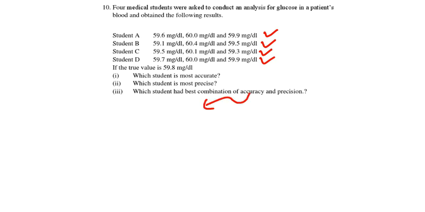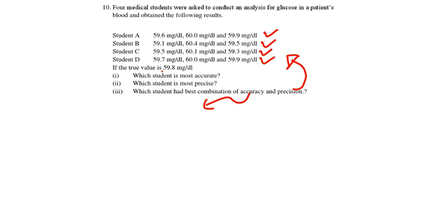Accuracy is the closeness of a value to the true value. Compare the values that somebody got to the true value. How close they are is accuracy. Precision is more concerned with the values being close to each other.